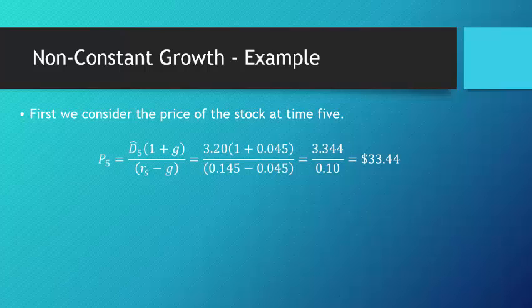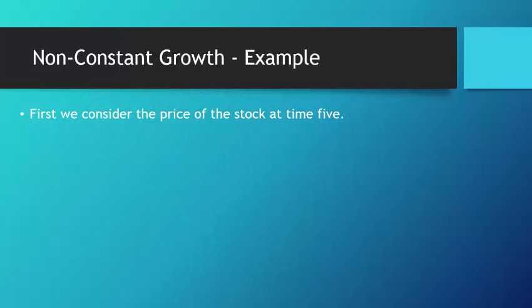So we're saying P5, the price at time 5, is going to be the expected dividend at time 5 times 1 plus g, divided by R sub S minus g. Remember, our R sub S comes from the stuff in chapter 6. Remember that dividend is really the cash flow at time 5. Let me just go back and show you where that came from.